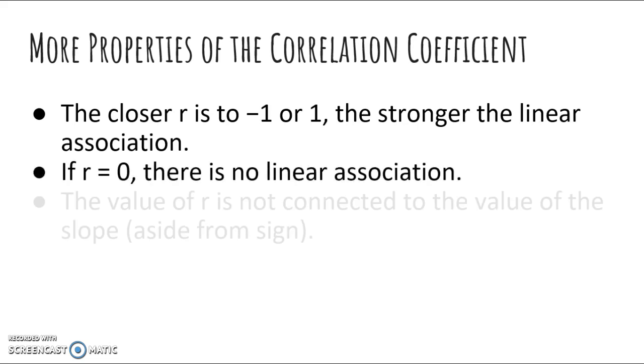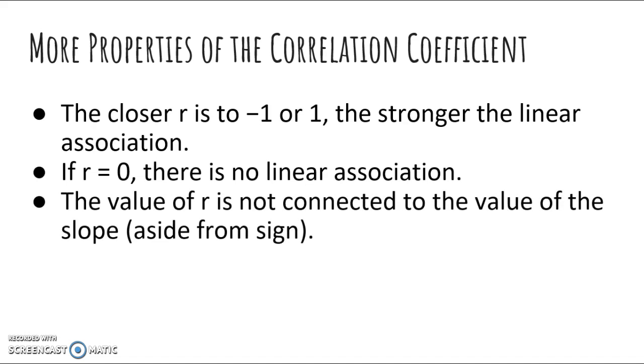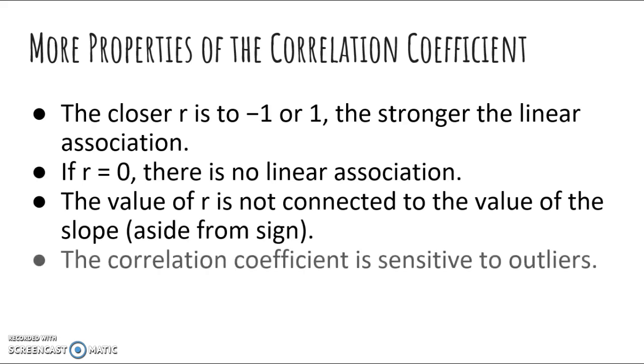If r equals 0, then there's no linear association whatsoever. The closer it is to 0, whether on the positive or the negative side, the weaker the correlation is. The value of r is not connected to the value of the slope aside from the sign. So if they ask you the slope of the regression equation, do not give r. It's not the same thing.